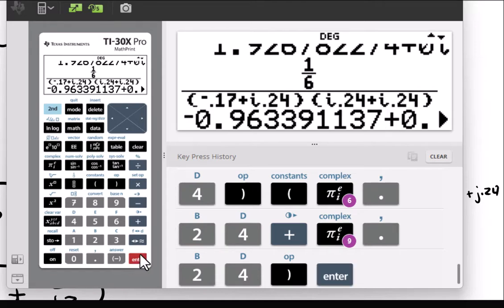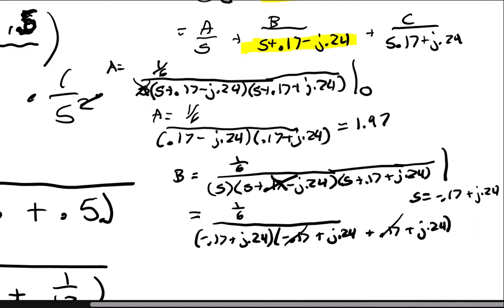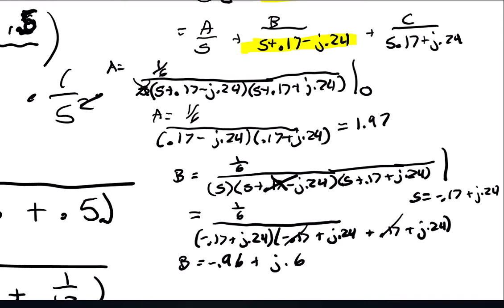And I get that B is minus 0.96 plus 0.68J. Now I'll write that down. B equals minus 0.96 plus J.68.